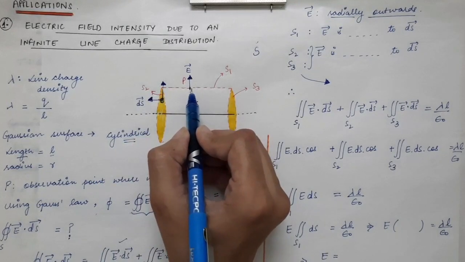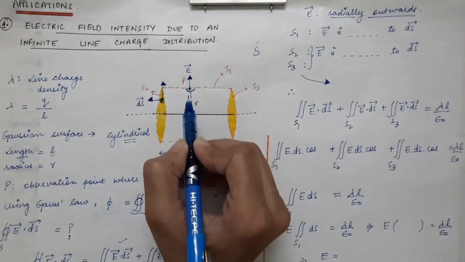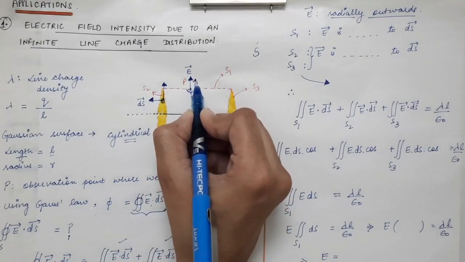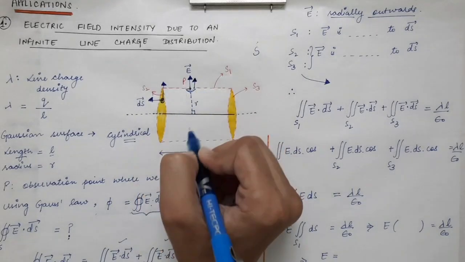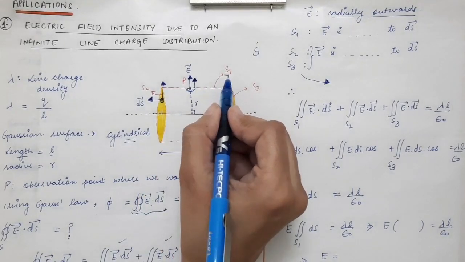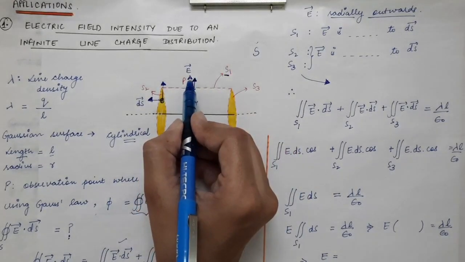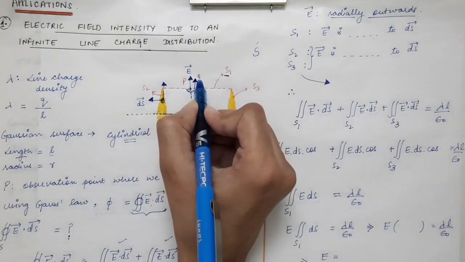At this point P, if you take a small surface area element, it will be pointing in the radially outward direction. So for the curved surface S1, at any point on this surface, the electric field intensity will be pointing radially outward, as well as the ds vector.